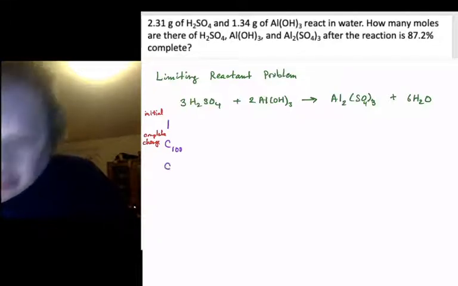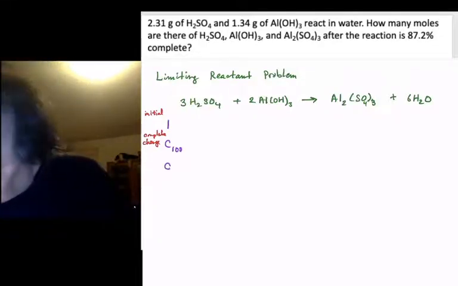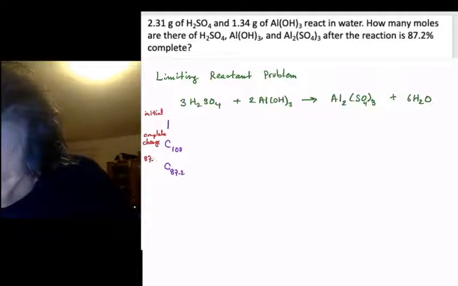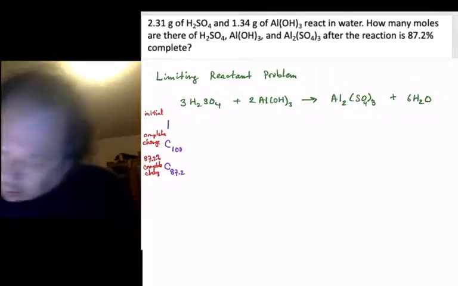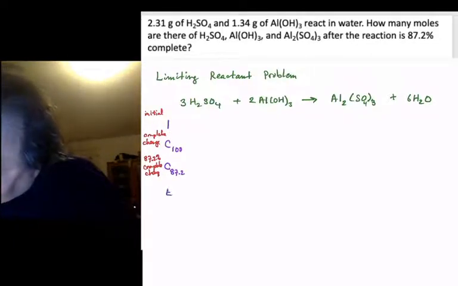C, since we're going to do in this problem 87.2% complete, we'll do C 87.2. So 87.2% complete. Complete change. And finally E, which we can think right now is the end.